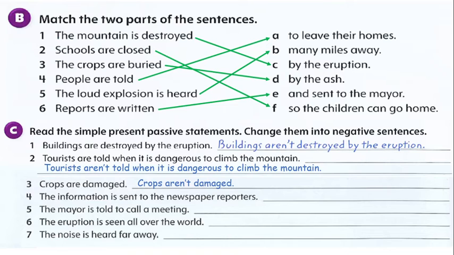Crops aren't damaged. The information is sent to the newspaper reporters. The information isn't sent to the newspaper reporters. And next one is the mayor is told to call a meeting. The mayor isn't told to call a meeting.